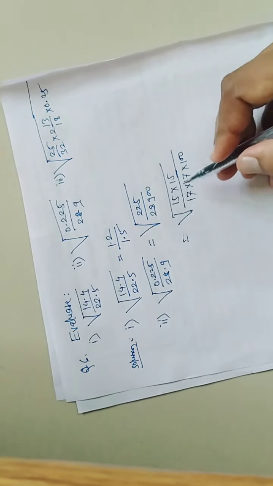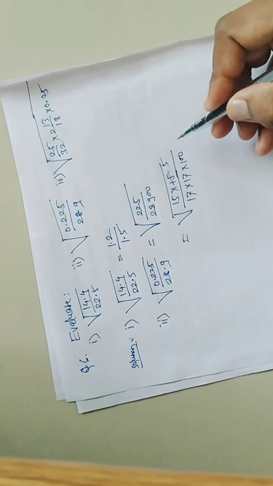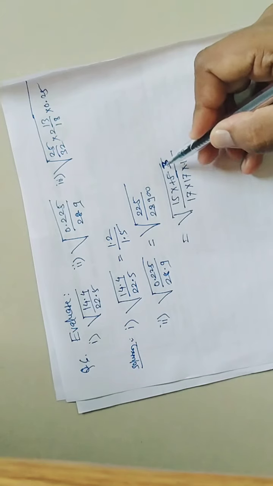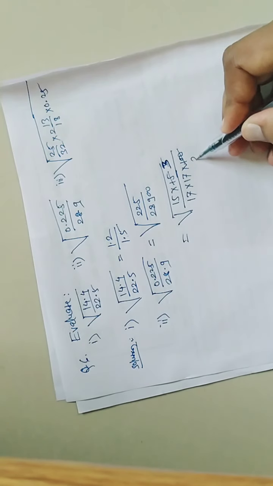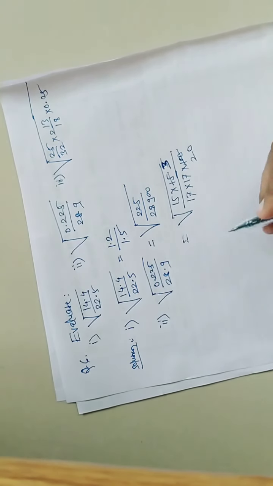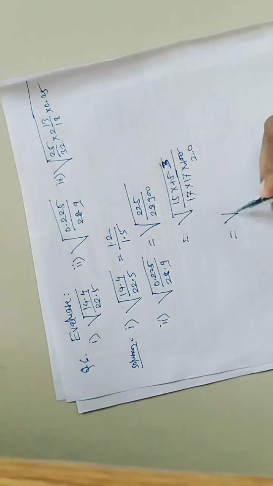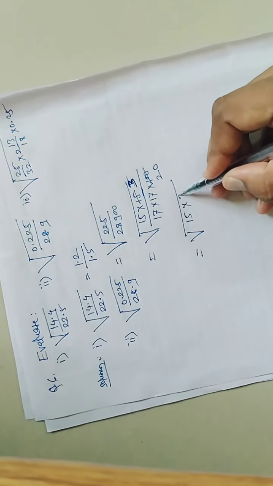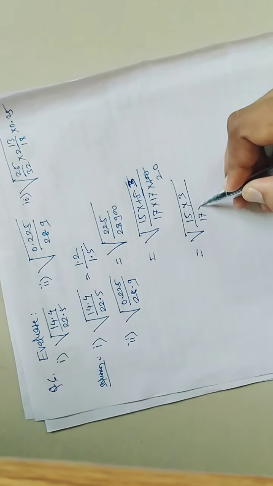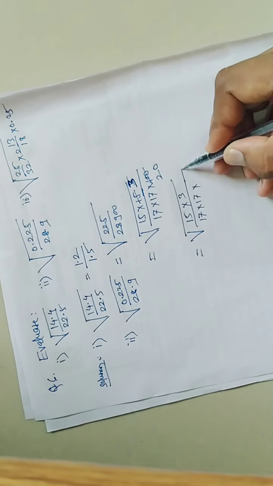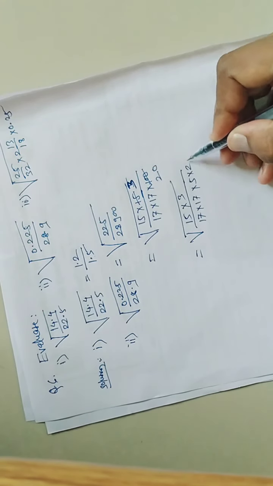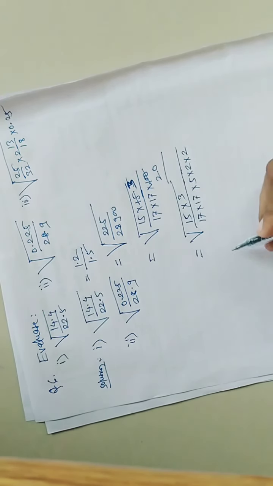Now see, we can simplify here. 5 3s are 15, then 5 2s are 10, 0, so which is equal to, in square root, 15 multiplied by 15 divided by 17 multiplied by 17 multiplied by 100, you can write 5 multiplied by 2 multiplied by 2.